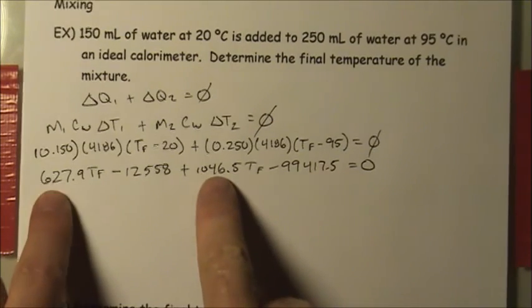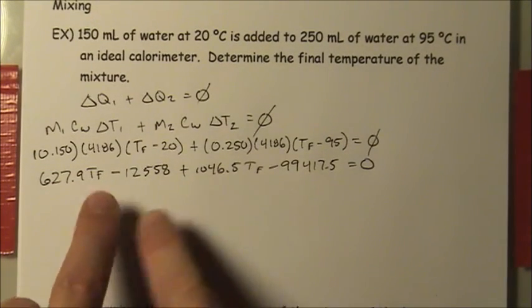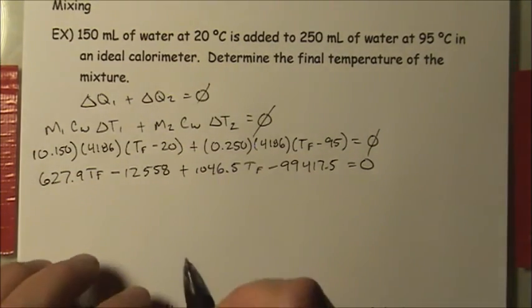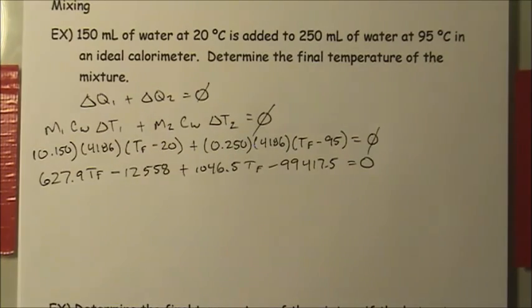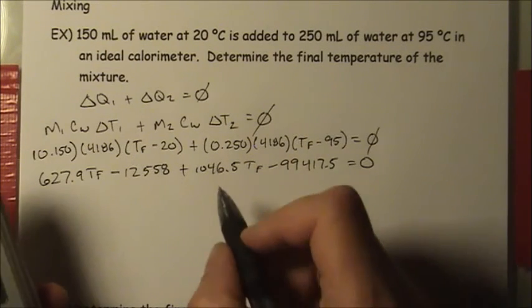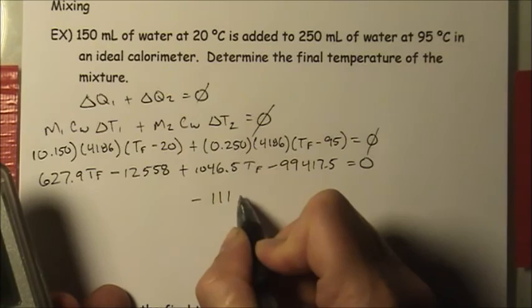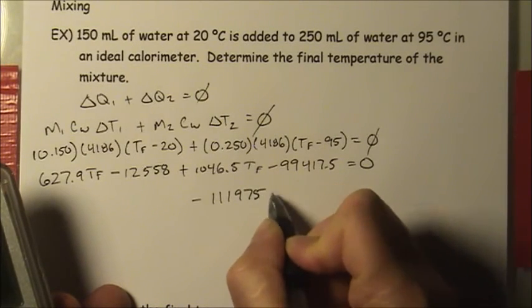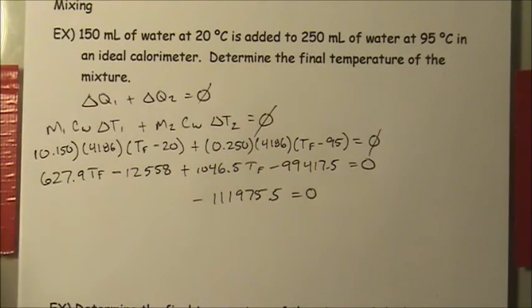Now I'm going to bring these numbers together. Here are the two numbers with TF, and here are the two numbers without it. For the numbers without TF, I add the 99,417.5 and the 12,558 to get a total of negative 111,975.5, equal to 0.